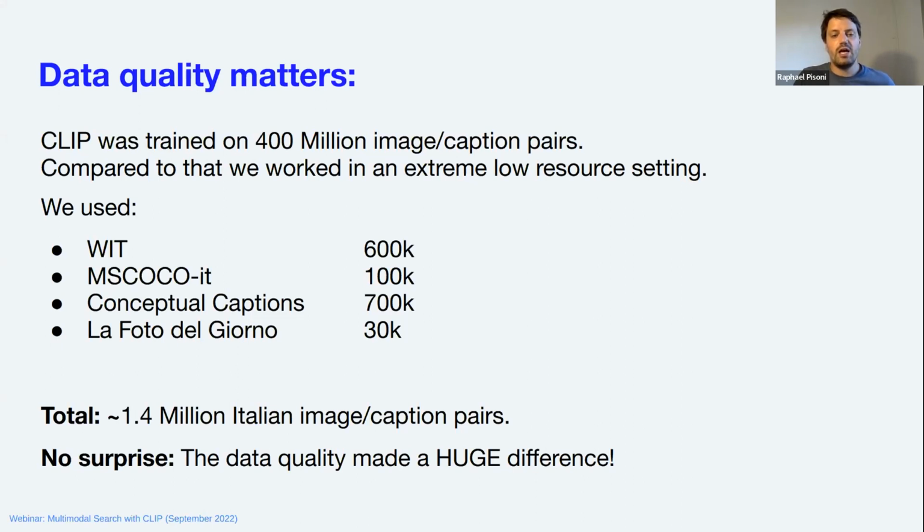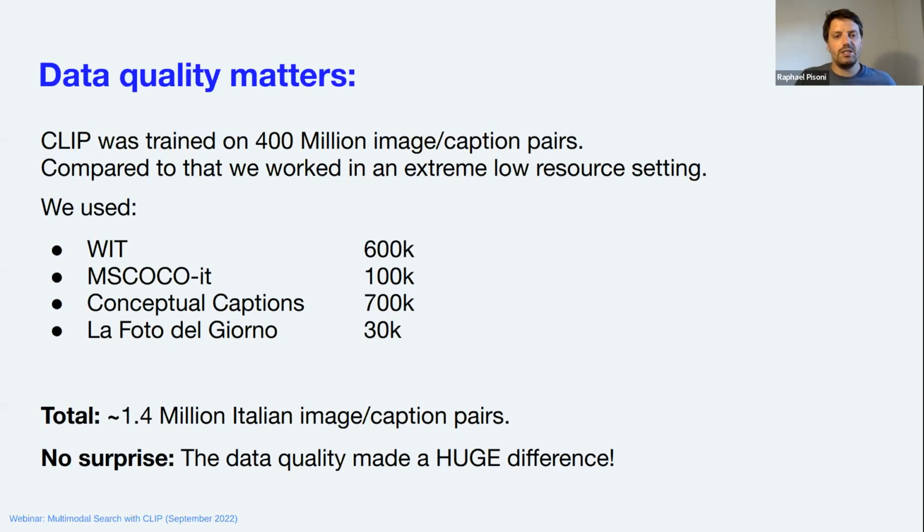So we added an Italian translated version of MS COCO, and that was just 100,000 image and text pairs, but it already showed big improvements during the training. So we were able to see that even this relatively small portion of better data would improve the performance a lot. So we said, okay, what can we do to improve the data quality even more?